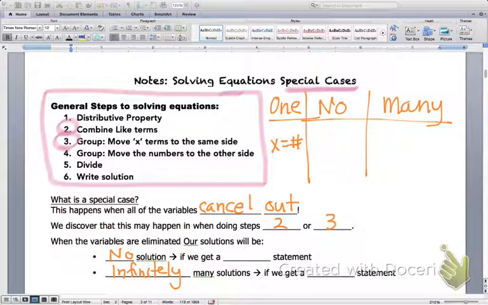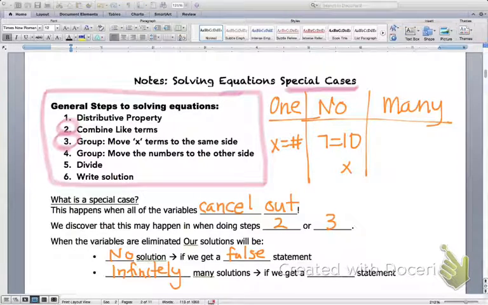Now, how do we know when the variable cancels out whether we have no solution or many solutions? Let's look at what we have here. We get no solution if we get a false statement, meaning something like 7 equals 10, where the left side of the equal sign is not equal to the right side.